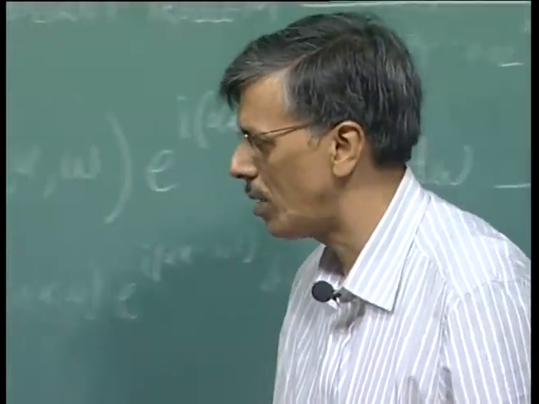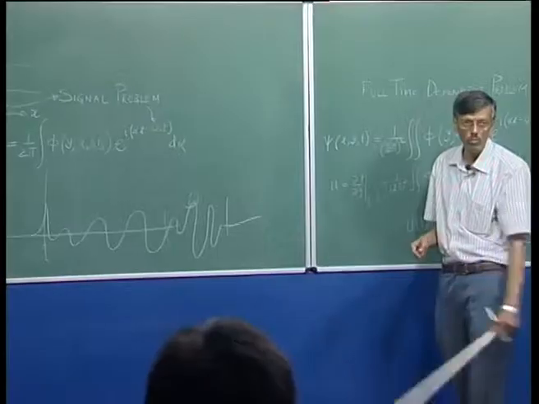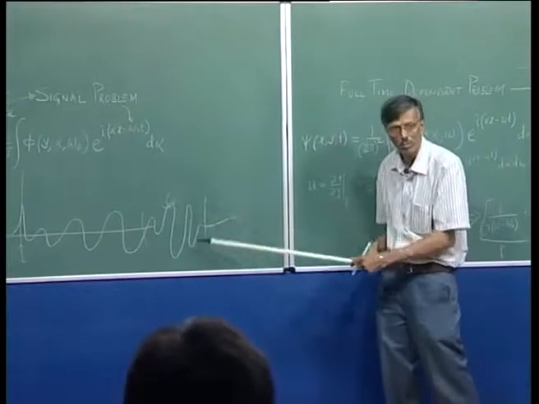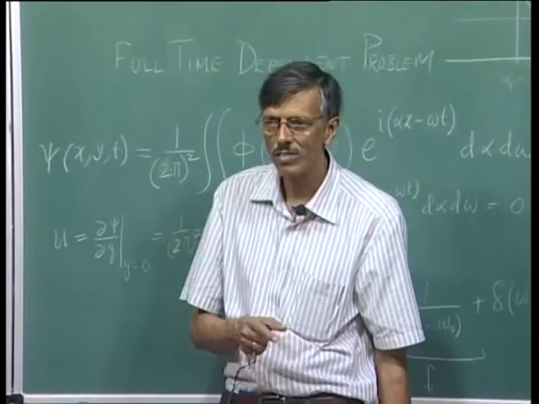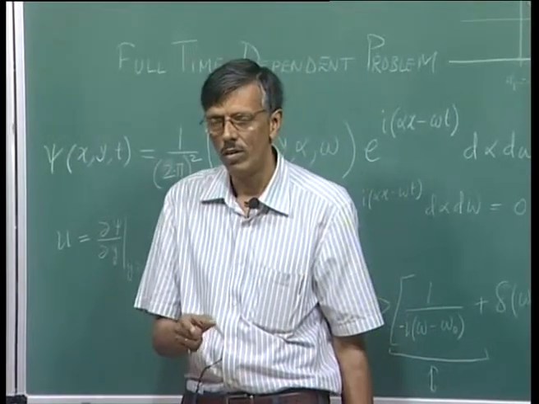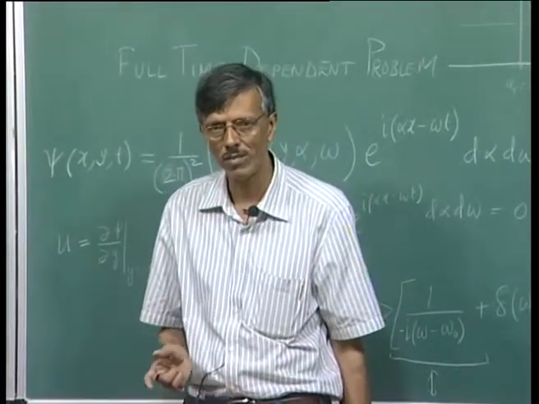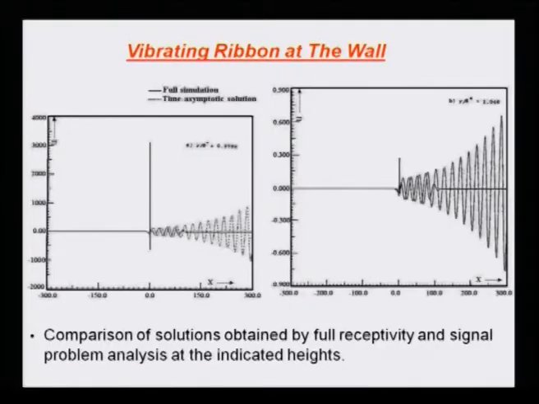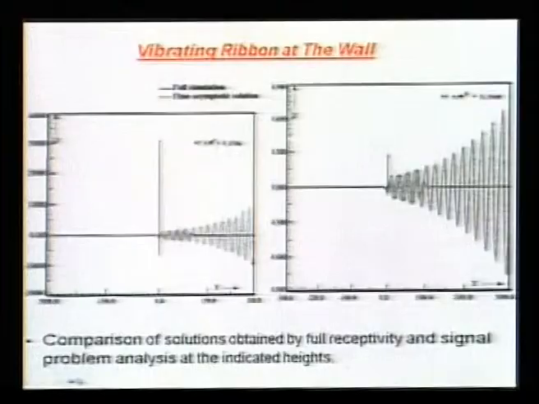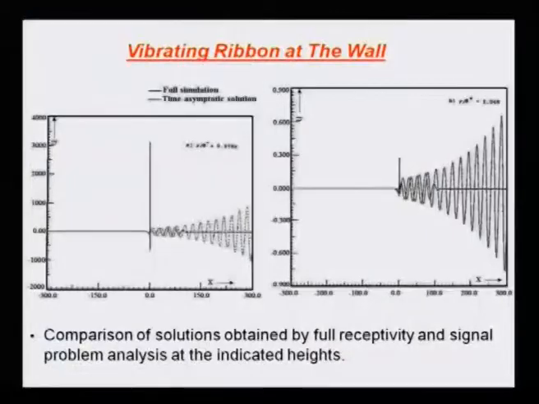And this kind of thing that we talk about will show that this kind of spatiotemporal wavefront that we talked about exists for both stable as well as unstable systems. So, when it comes to an unstable system, we see that the full simulation and the signal problem yield the same result.